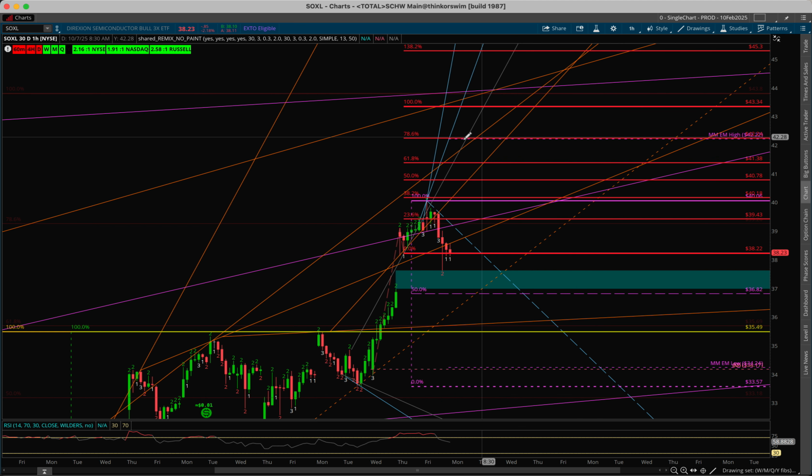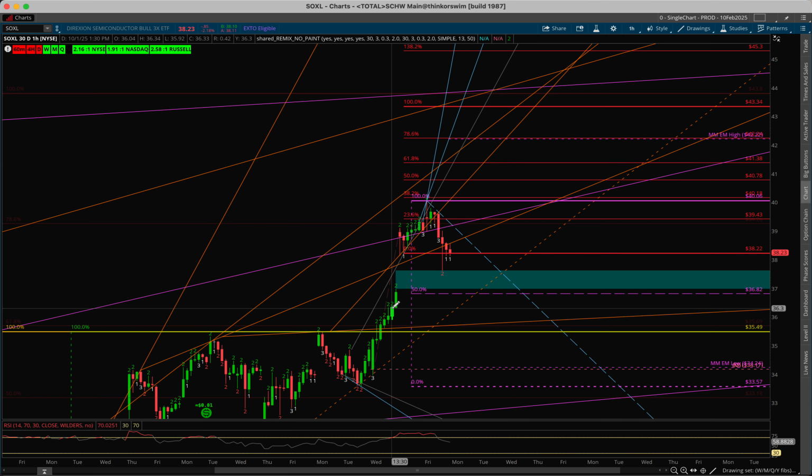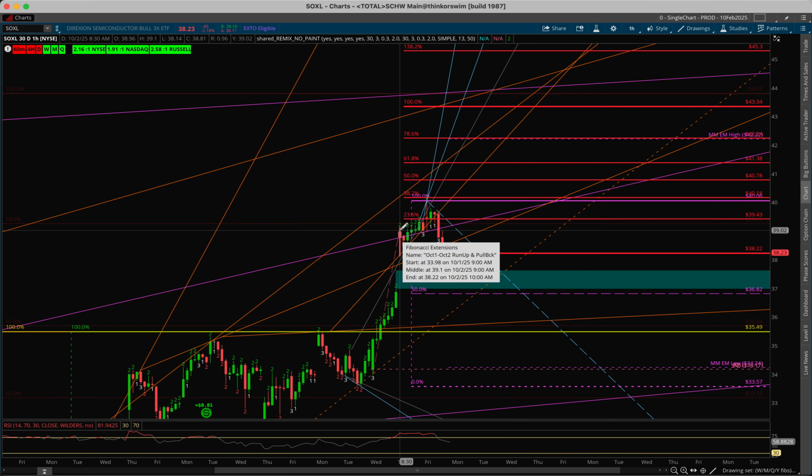This 42.24 is the 78.6 fib extension of the October 1st. So Wednesday to yesterday morning gap up, right? So this was Wednesday's move, and then the gap up to yesterday morning.